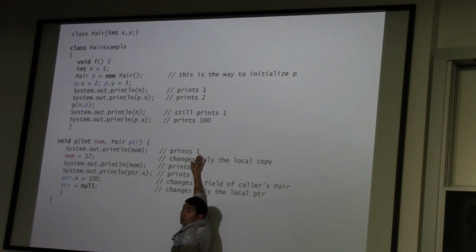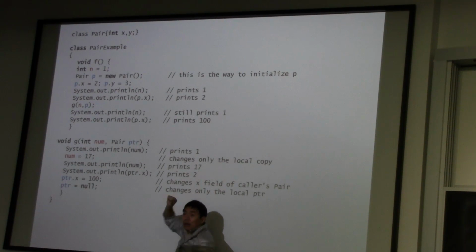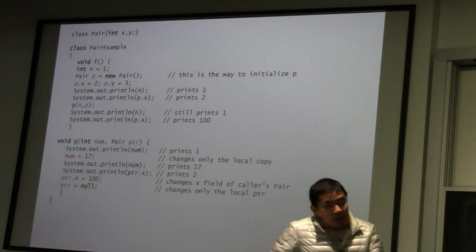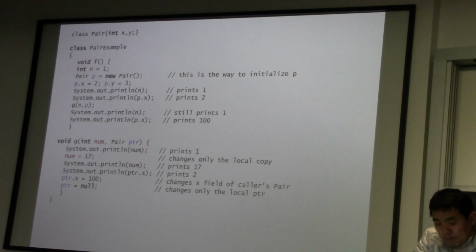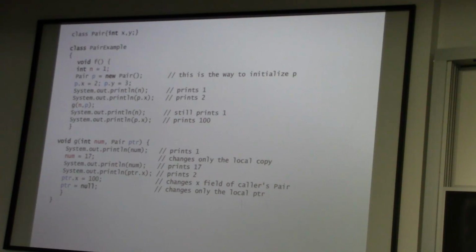Obviously, it should be 1, right? I reset this to 17. Then I print the number again. That should print out 17, obviously, in the scope of this function. I print out x through the pointer. Since I pass p as ptr, it should print out the value of x of p on top, which is 2. Then I reset x equal to 100. And finally, I reset this pointer to null, this object instance to null. Then I return from function g.